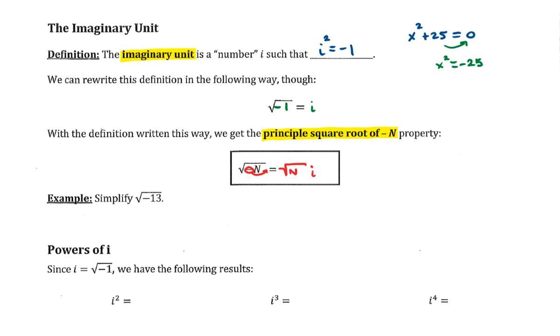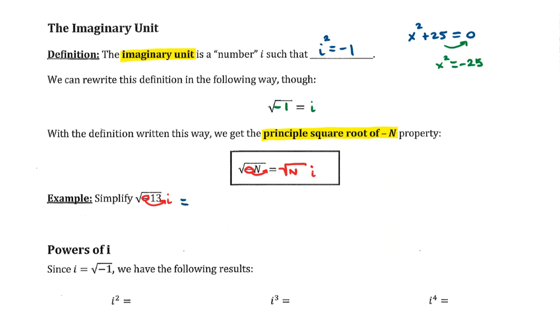So, long story short, the square root of a negative number winds up being the square root of the positive version of the number with i on the outside of the square root. For example, if we wanted to simplify the square root of -13, there's a negative sign in there, so i is involved, and we're going to write it out explicitly. Basically pull it out, write an i directly to the right of the square root.